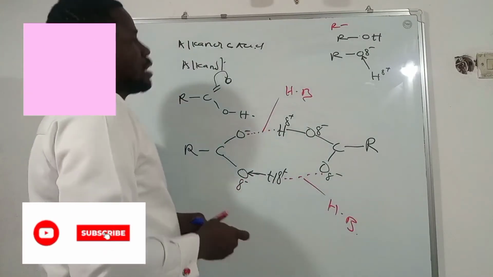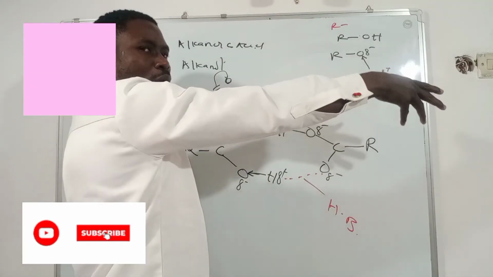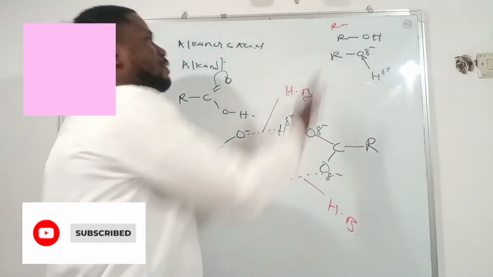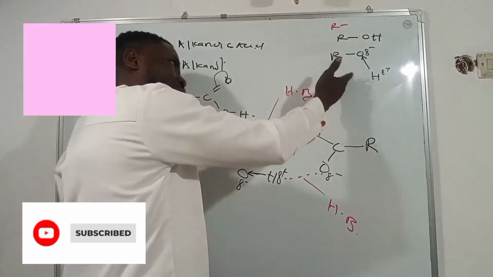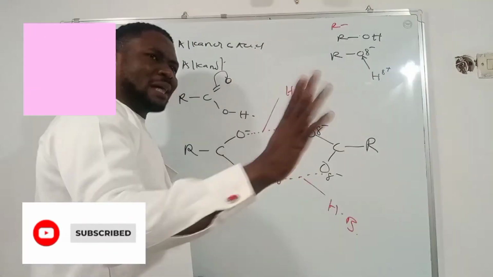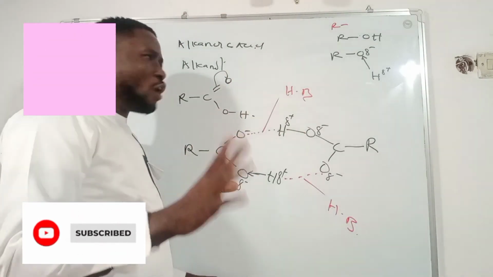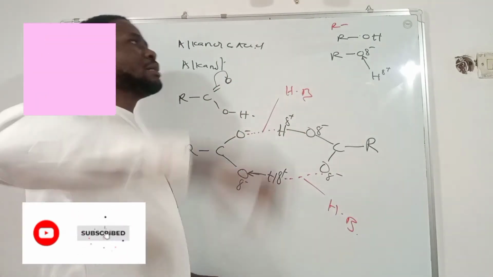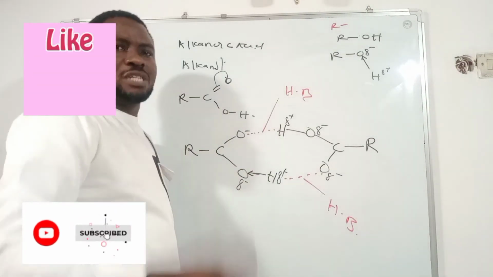Now, this molecule will interact with another molecule, either another alkanol. If this is ethanol, it may want to interact with propanol. If this is propanol, it may want to interact with hexanol. It doesn't really matter the type, the number of carbon atoms involved. What is important is that so long as they are alkanols, they will behave the same way, because they have the same functional group.